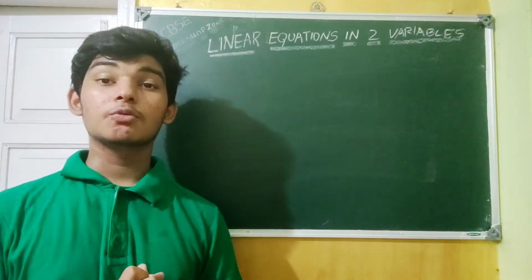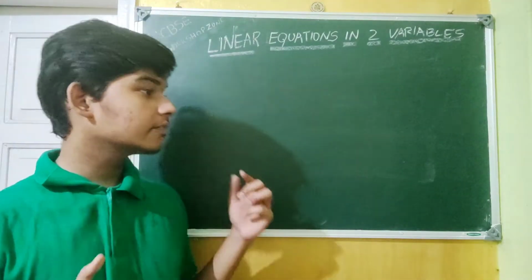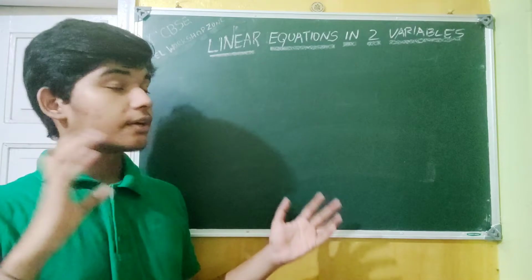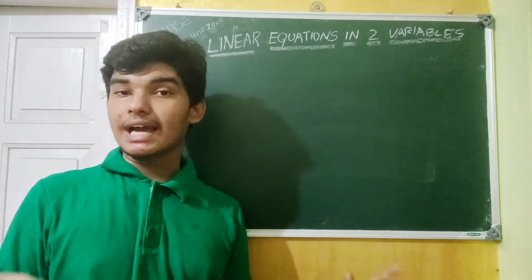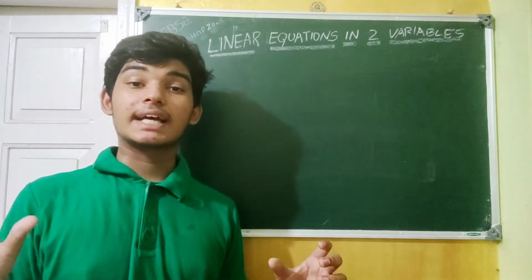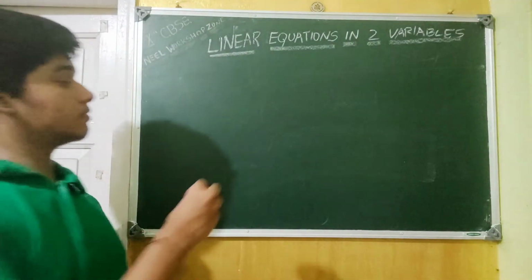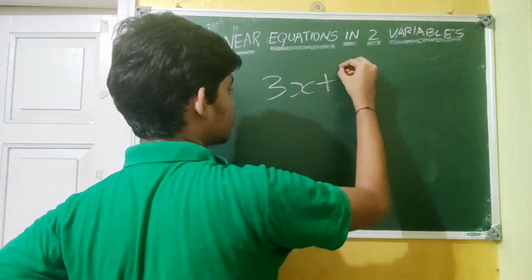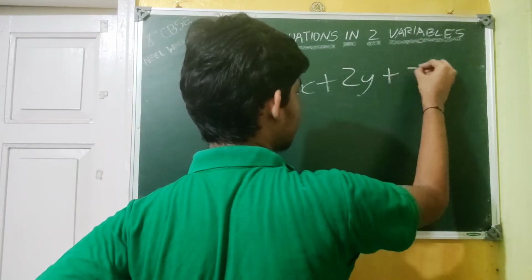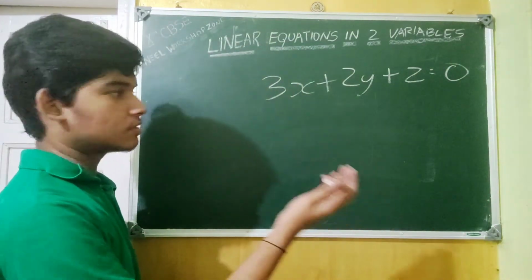So first of all, what is a linear equation? To understand that, we obviously need to understand what an equation is. An equation is an algebraic expression which has an equals to symbol in it. So for example, if you write something random like 3x plus 2y plus z is equal to 0, this is an equation because it has an equals to symbol.